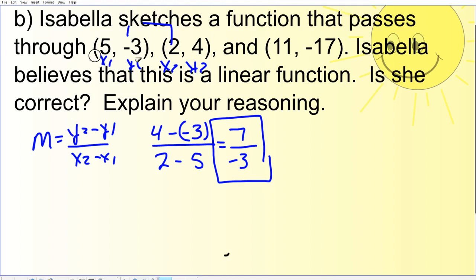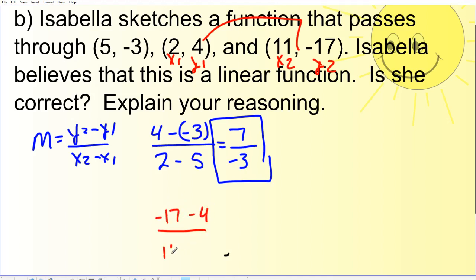Okay, I need to find slope again. So I'm going to find the slope of these 2 points. So x1, y1, x2, y2. In red, y2 minus y1 over x2 minus x1 gives me negative 17 minus 4 is negative 21 over 11 minus 2 is 9, and I bet this simplifies because those both can be divided by 3, gives me negative 7 over 3.